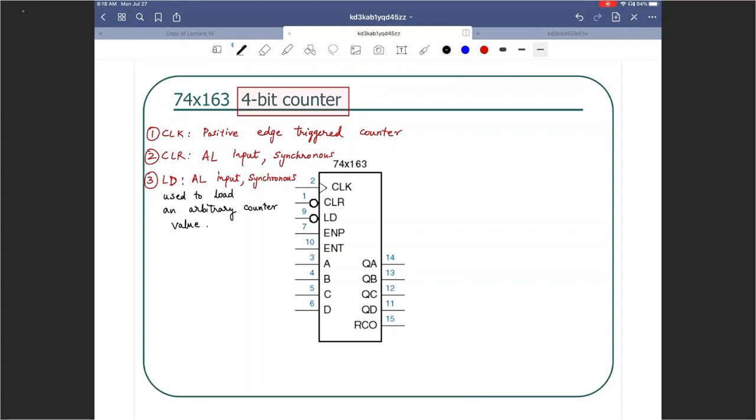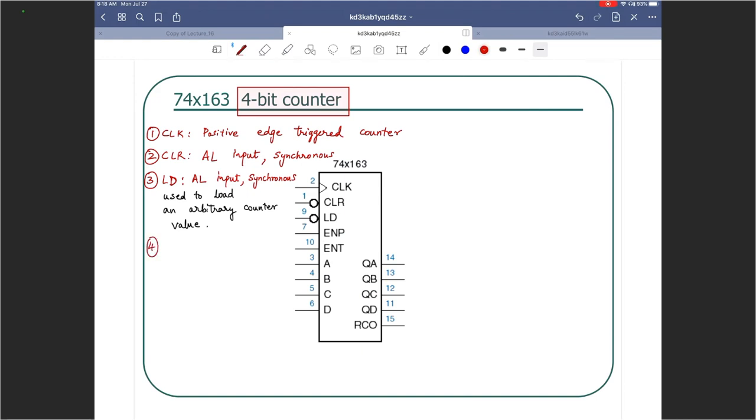But that value will get loaded into the counter. Whatever you connect over here will appear over here after the positive edge of the clock, as long as the load is active, meaning connected to low, because it's an active low input. All right, so let's move on to 4.